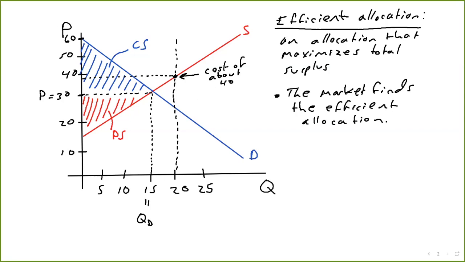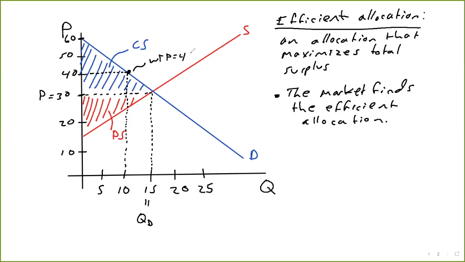On the other hand, let's say the quantity demanded is 10 for the sake of argument. Well, at 10, consumers have a willingness to pay of 40, and the sellers have a willingness to sell, or a cost, of 25. So in this case, there are deals being left on the table.